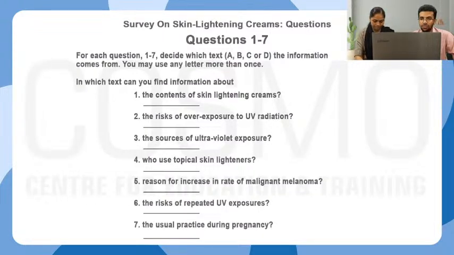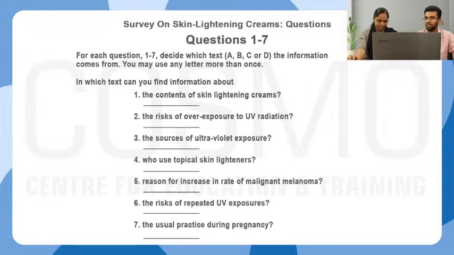Question number 3, the sources of ultraviolet exposure. Again, here, what are the keywords? Can you people identify the keywords in this question? The sources of ultraviolet exposure?